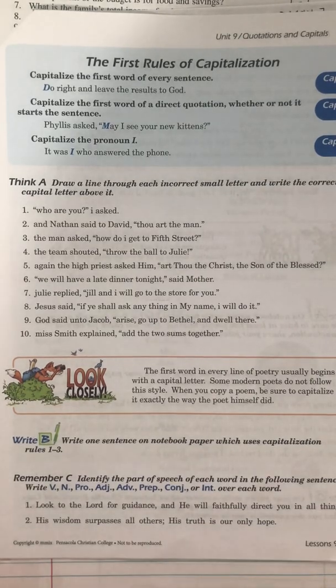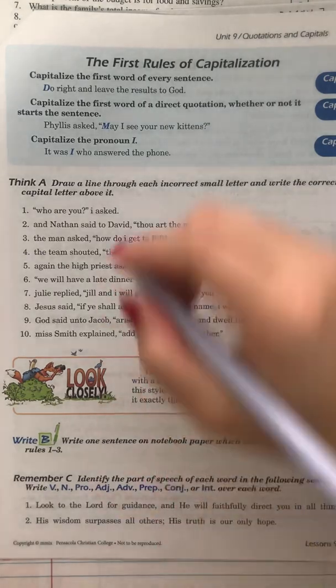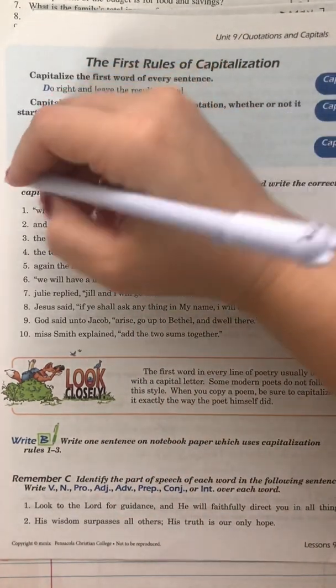So for number 1, it says, "who are you?" I asked. Well, according to capitalization rule 2 that we learned last week, not only do we capitalize words that start a sentence, but we also capitalize words that start a quote. So definitely this W should be capitalized.